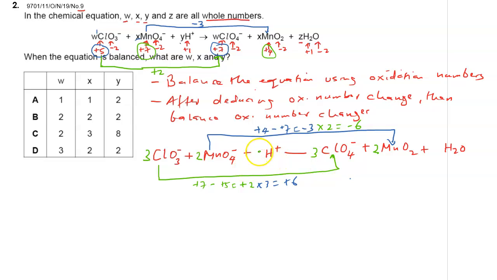So to make them 2, we multiply by 2. So that basically means W is 3, X, which is this one here, is 2, and Y, which is this one here for hydrogen, is also 2. So the answer is D.